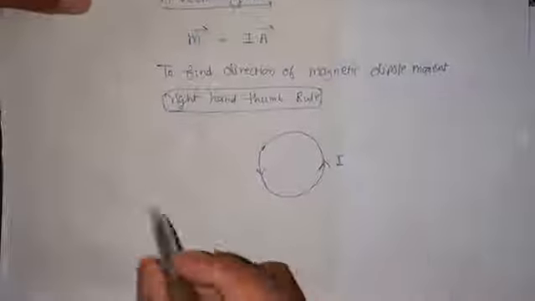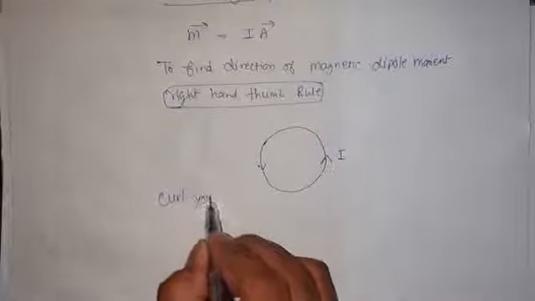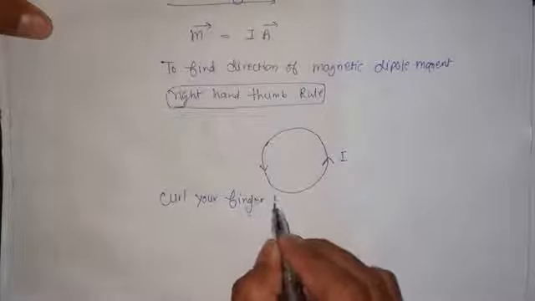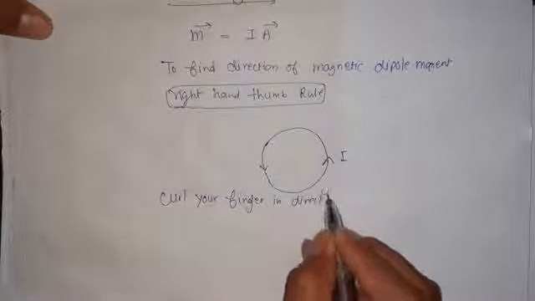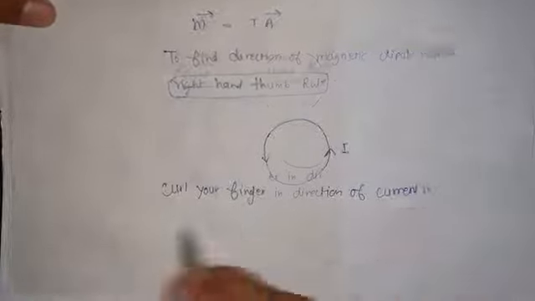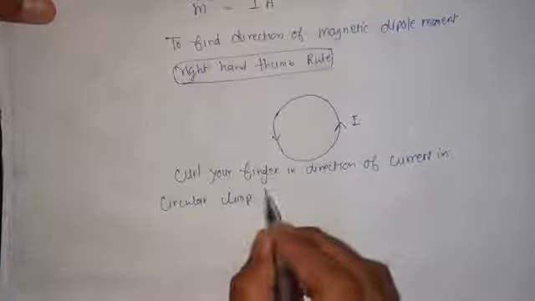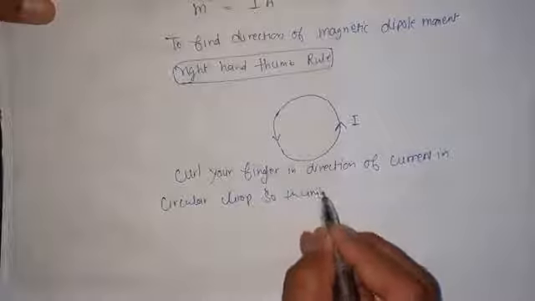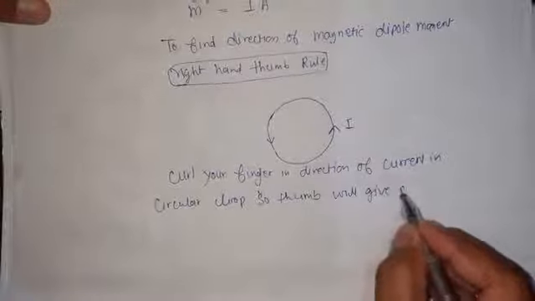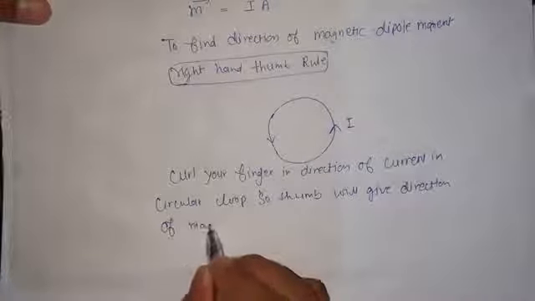Okay, so over here, curl your finger in direction of current in circular loop. So thumb will give direction of magnetic dipole moment.